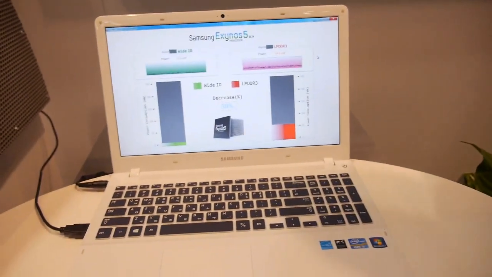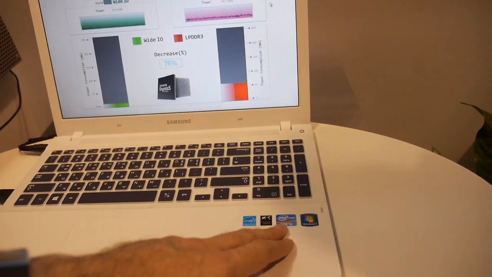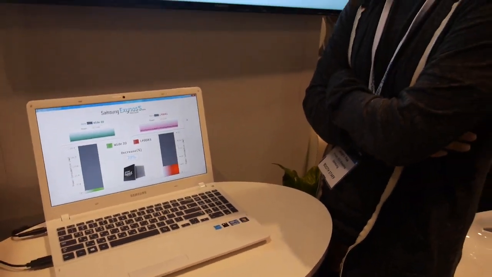This laptop should definitely someday have Exynos inside, with super fast memory bandwidth. Is memory bandwidth more important than CPU speed?